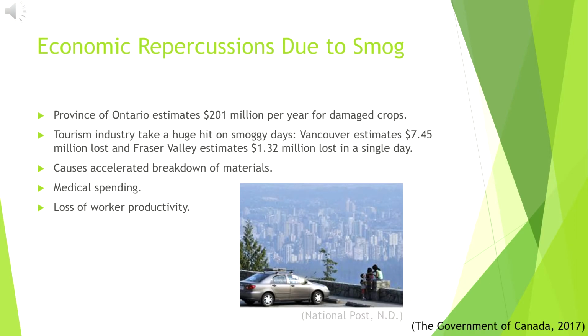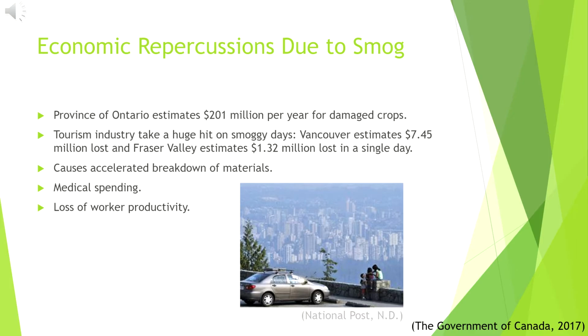We have explored the effects of smog on our environment, but smog can have devastating economic and social effects as well. Economically speaking, smog costs money, or more specifically, its repercussions cost money. A couple of minutes ago, we talked about the loss of important crops due to smog, while the province of Ontario estimates damaged crops cost about $201 million per year.